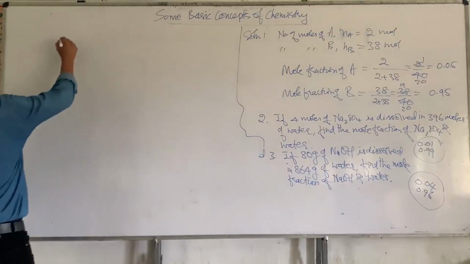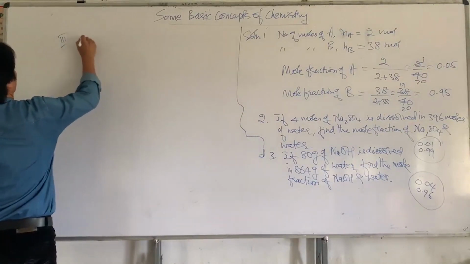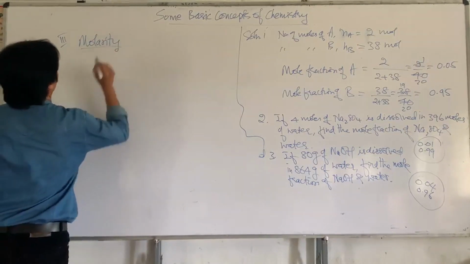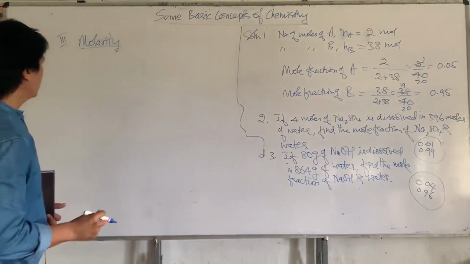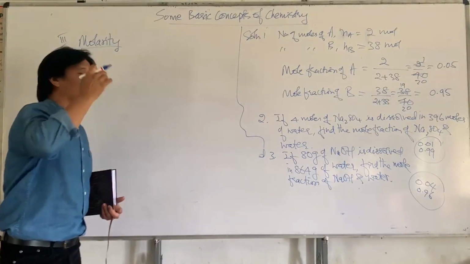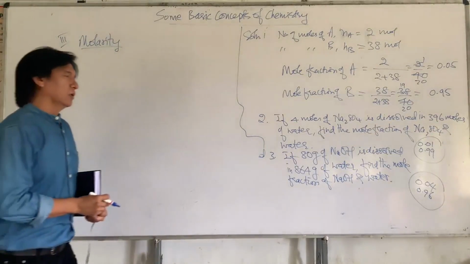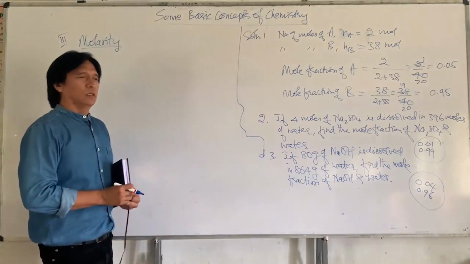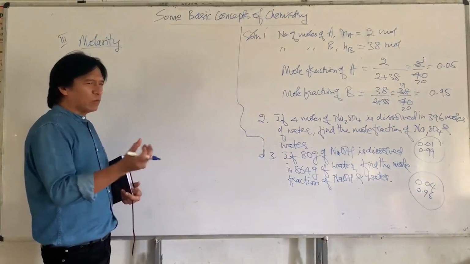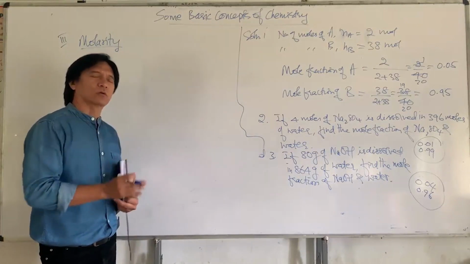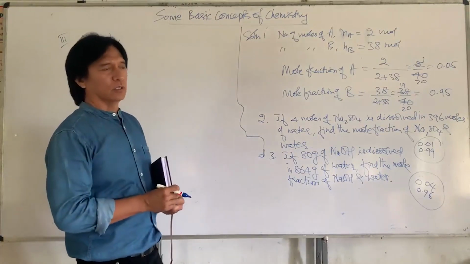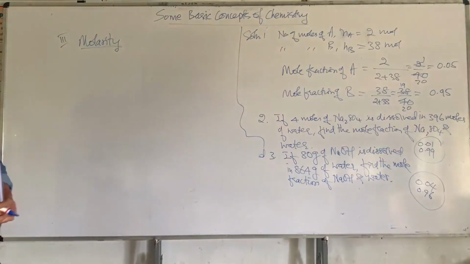Molarity is defined as the number of moles of a solute present in 1 liter of the solution. So it is nothing but the number of moles of any salt present in 1 liter of the solution. So that's called the molarity.